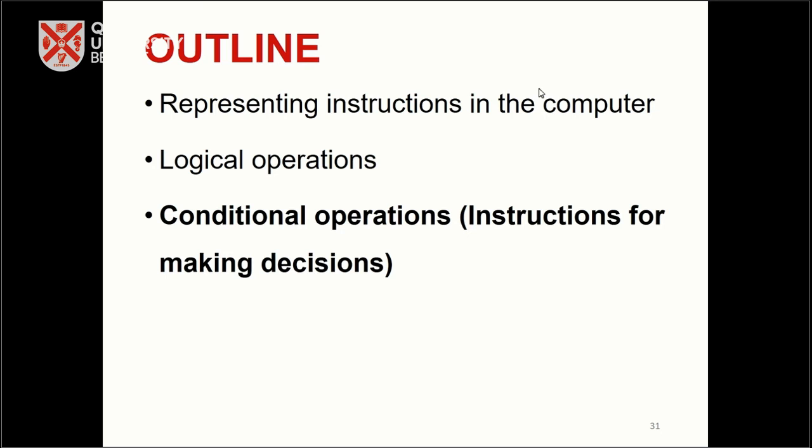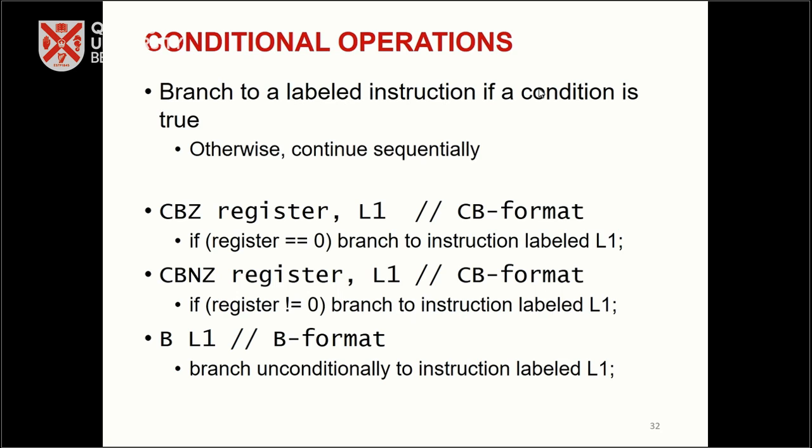So conditional operations. This is the last part of today's lecture. So basically what we are doing here is deciding if we follow with the next instruction or if we jump to another instruction. We have different ways of doing this.